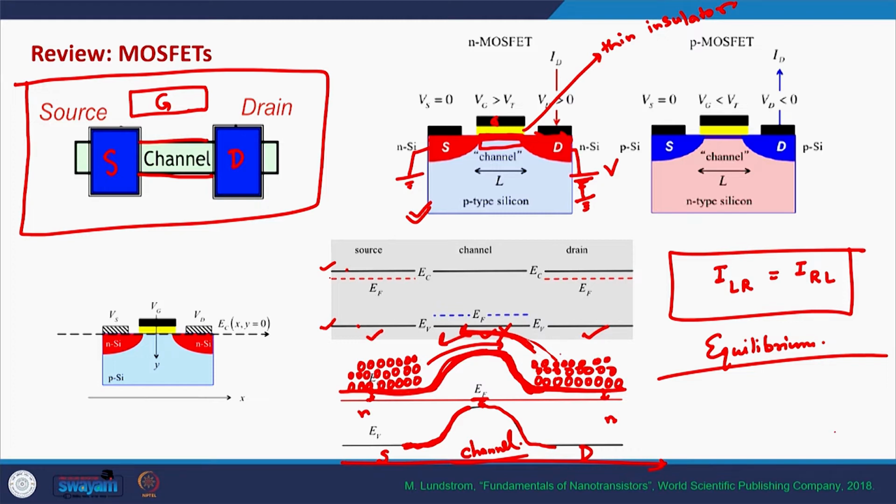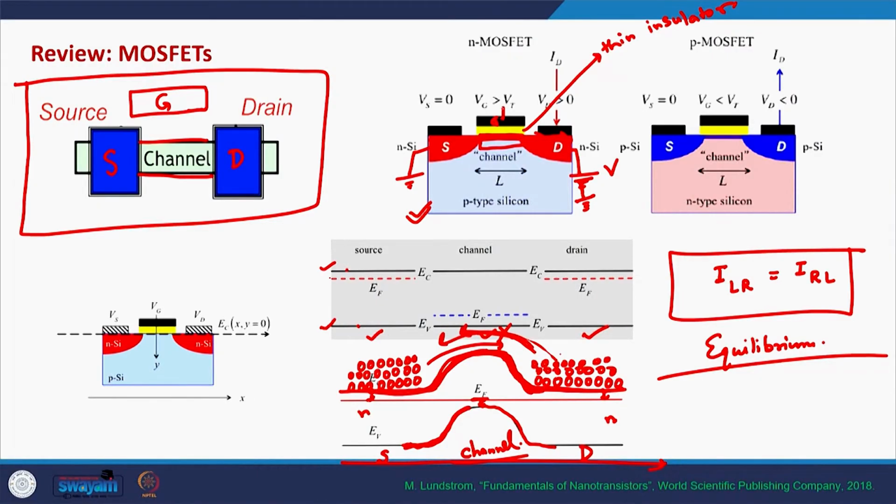Now we can apply voltage on two terminals in this device. We can apply voltage on the gate terminal generally and on the drain terminal. Typically the source terminal is almost always grounded, although in some circuits this source may also be connected to a high voltage terminal. That's also allowed, that's not a problem.